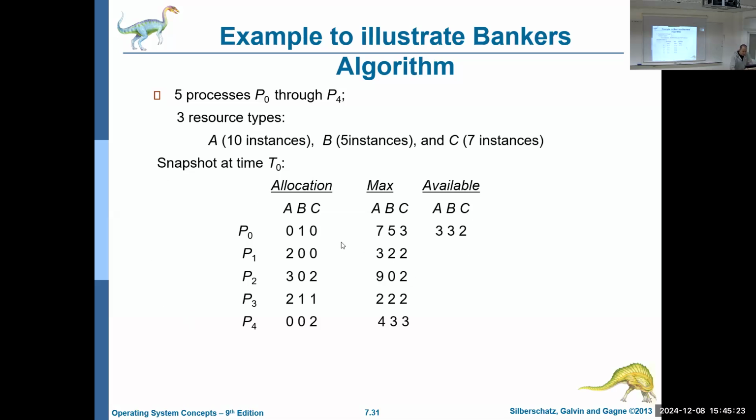But now we have this Max. We didn't calculate the Need, but the Max. Is the system in a safe state? We want to determine now, is the system in a safe state? So it's the same thing we did before with one resource, except we're going to have to check every resource at the same time. So for example, is there anybody who we potentially could fulfill?